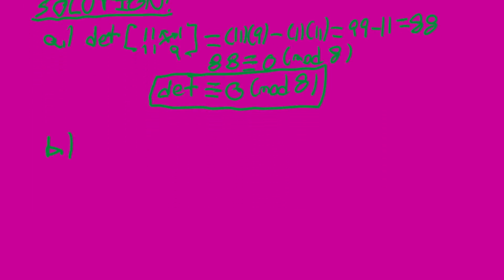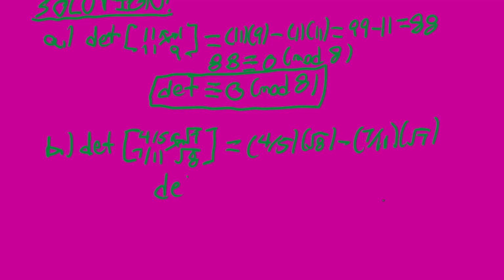Then let's go to part B. So we have the determinant of 4 over 5, square root of 7, 7 over 11, and square root of 8. So again, do the same thing as before. We have 4 over 5, square root of 8, and then square root of 7.